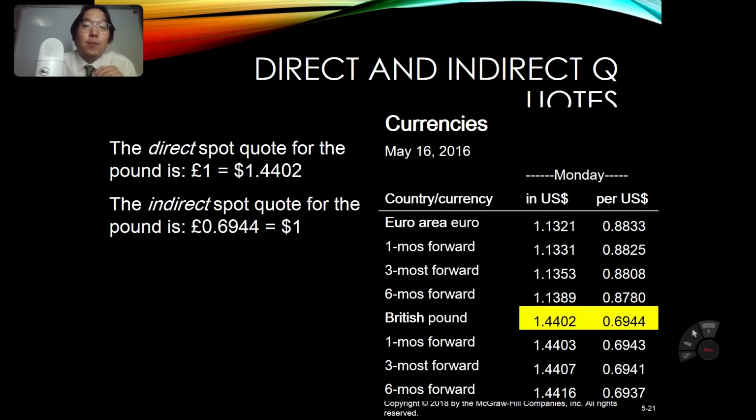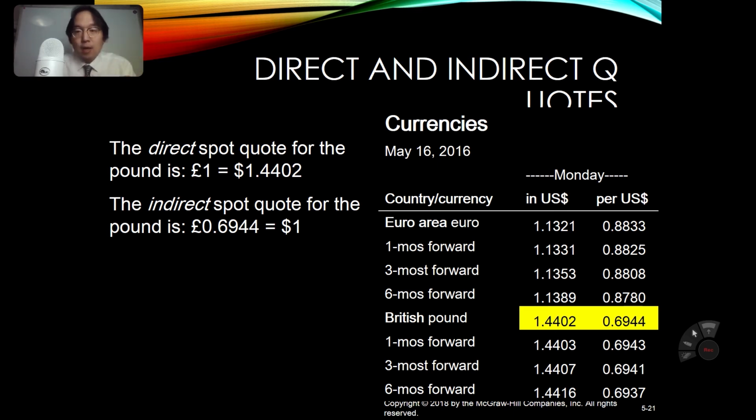Direct and indirect quotes. We take a part of the table in 5.4, and the direct spot quote for pound is 1 pound equals 1.4402 US dollars, and the indirect spot quote is that $1 is equal to 0.6944 British pound.